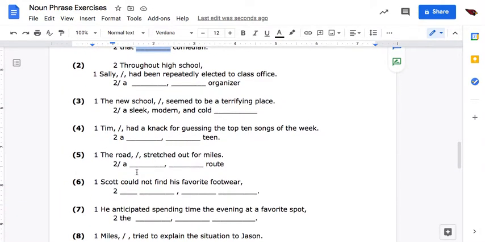Here's an example. Scott could not find his favorite footwear, and I was thinking to myself, well, if they were my favorite footwear, they would be his perfectly broken in Air Jordans.